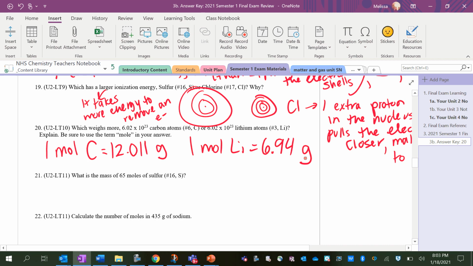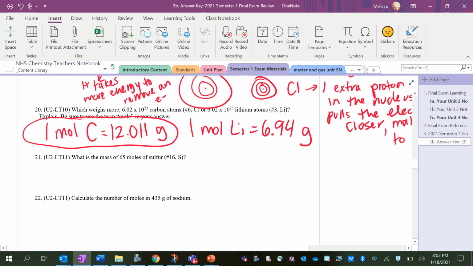So which weighs more? 1 mole of carbon atoms, because they're larger than the lithium atoms. If you have the same number of both, the carbon atoms weigh more. They're bigger. And I don't mean bigger like atomic radius. I mean more massive because they have more protons and neutrons.